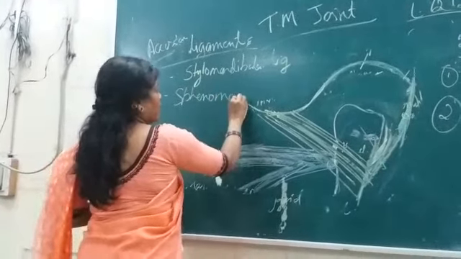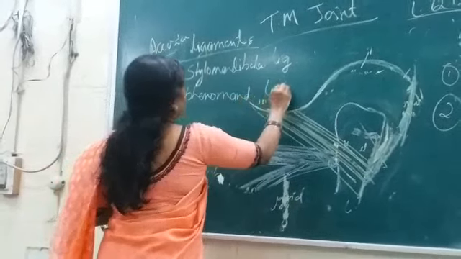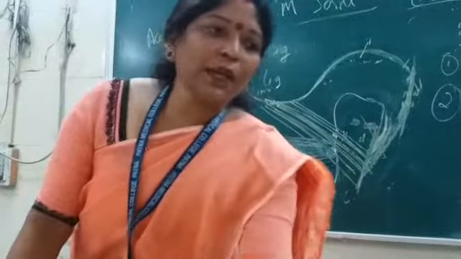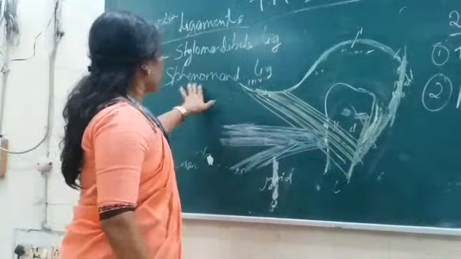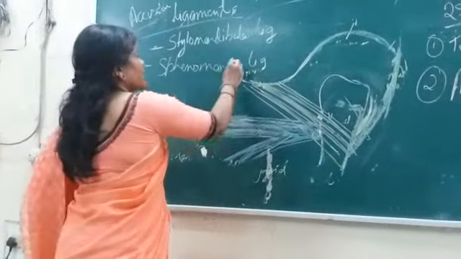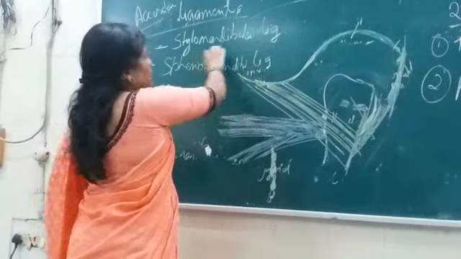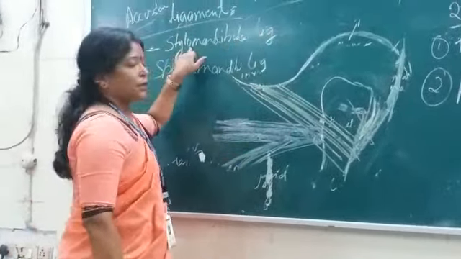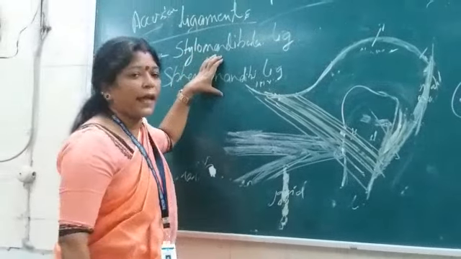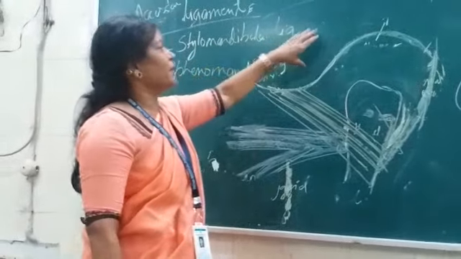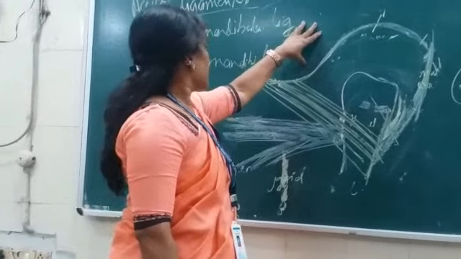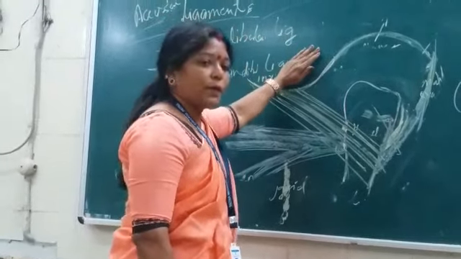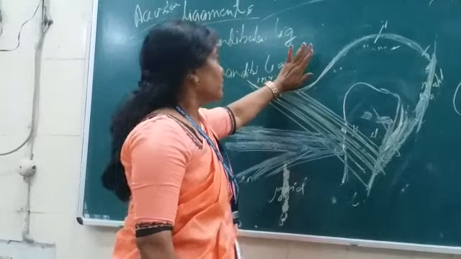So these two S ligaments, stylomandibular and sphenomandibular. As the name suggests, both are accessory ligaments, but the stylomandibular ligament is something else, and the sphenomandibular ligament is something else.